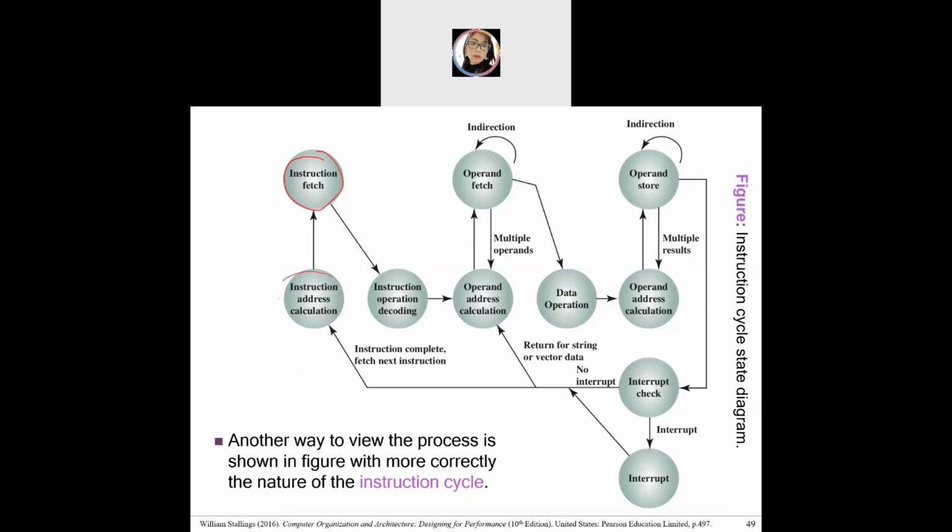So let's say we have the instruction address calculation you were given. Then you're going to have the instruction fetch. You go to the instruction operation decoding, and try to find out the operand address calculation.